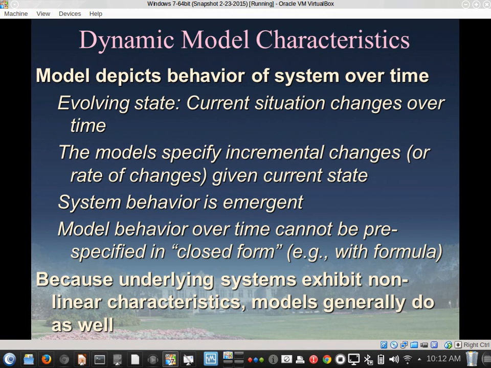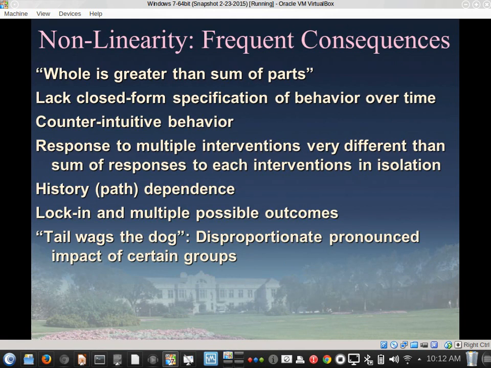And model behavior over time cannot just be pre-specified in some closed form according to some exact formula. Because the underlying systems exhibit what we call non-linearity, the models do as well. And one of the implications of this is that, like the system out there, the behavior of the model as a whole is different than the sum of its parts.